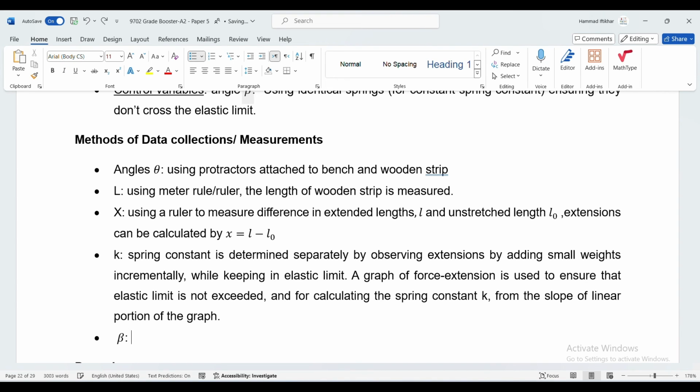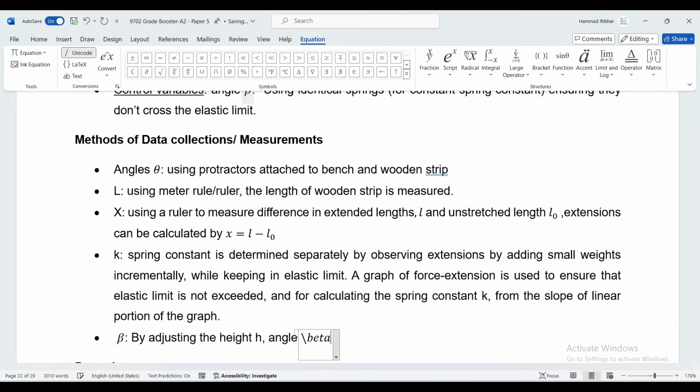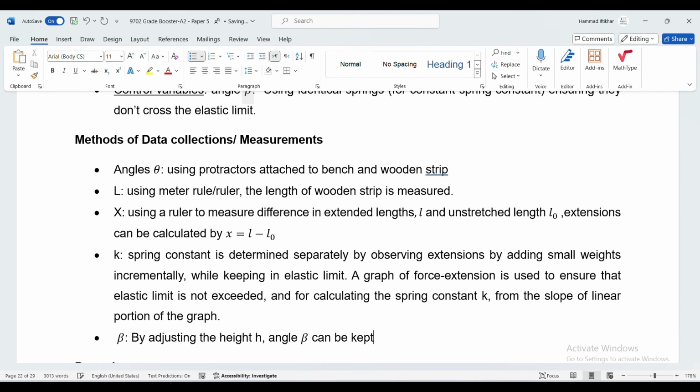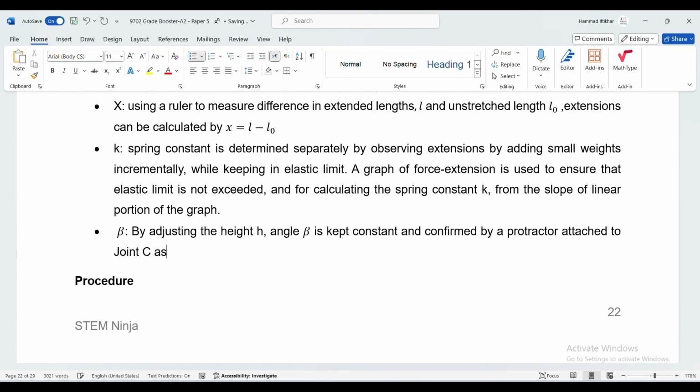By adjusting the height h, angle beta can be kept constant, and confirmed by a protractor attached to a joint. I think I named that joint as C.